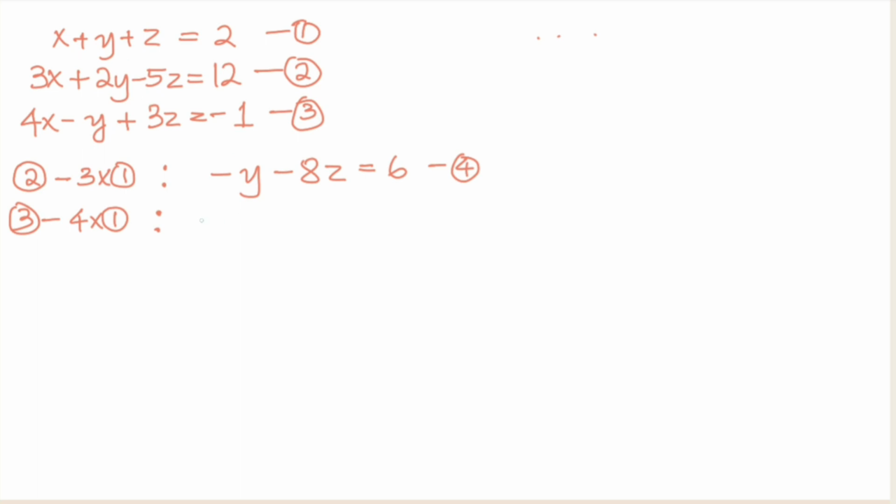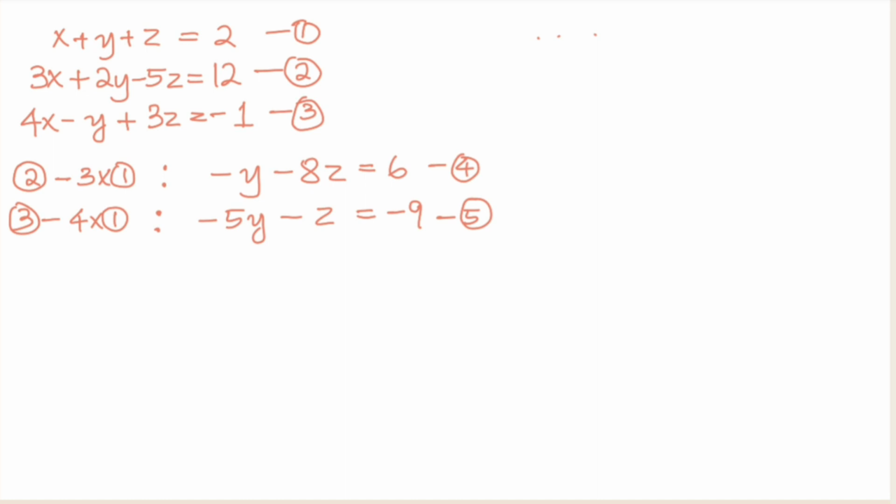That makes it minus 5y. And then we have 3z minus 4z. That's minus z. And then we have minus 1 minus 4 times 2, which is 8. So that's minus 9. And that's equation 5. So we've successfully eliminated x from equations 2 and 3.